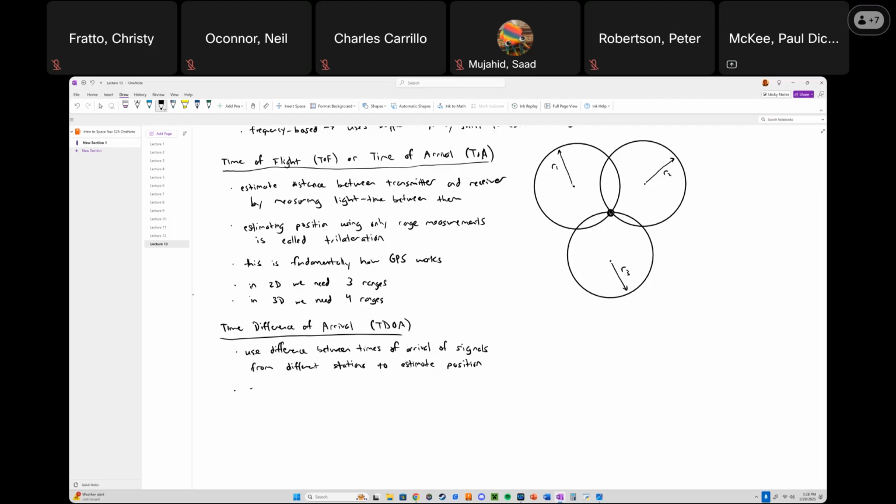This is sometimes called hyperbolic positioning, since pairs of stations generate hyperbolic position surfaces.